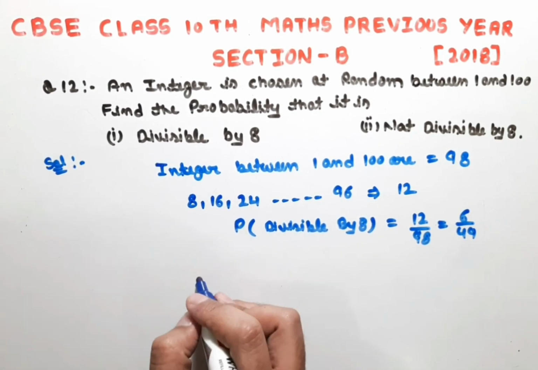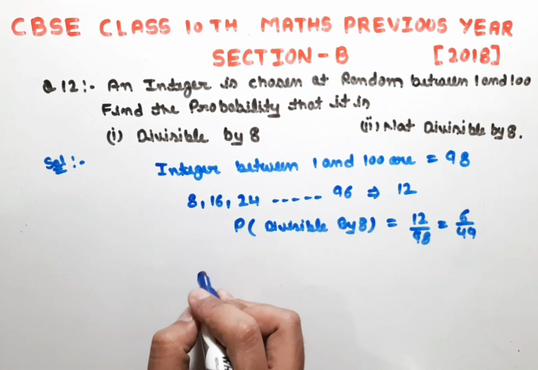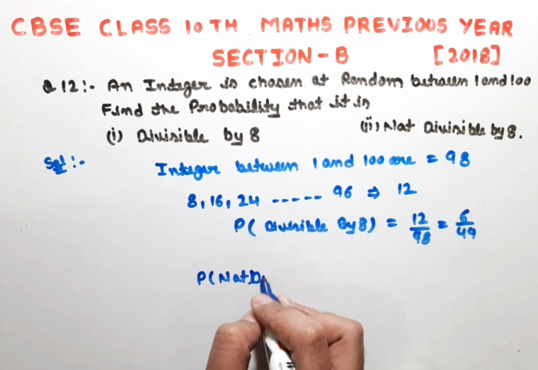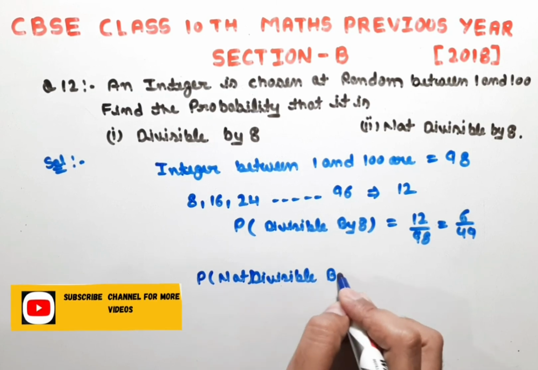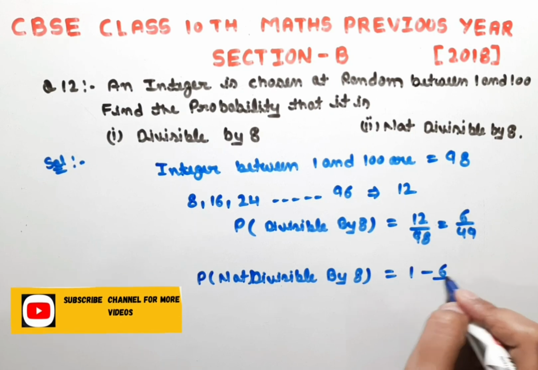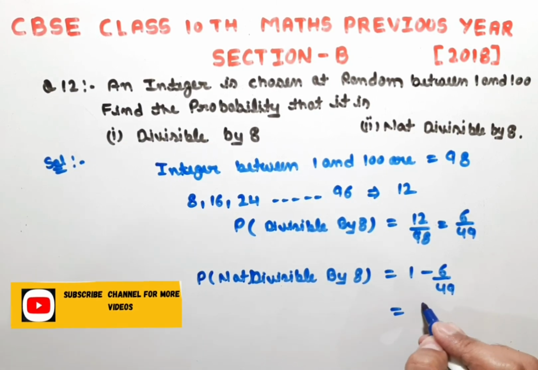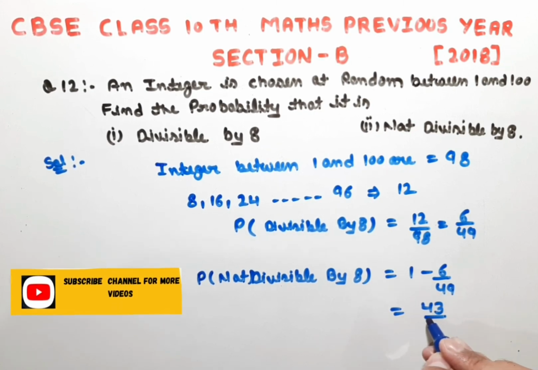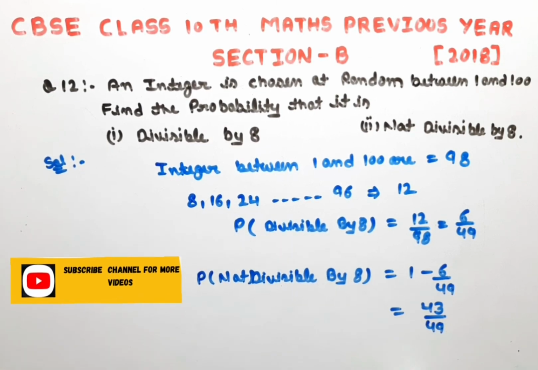Now probability of an integer not divisible by 8 will be 1 minus 6 upon 49, that is 43 upon 49. These are our answers.